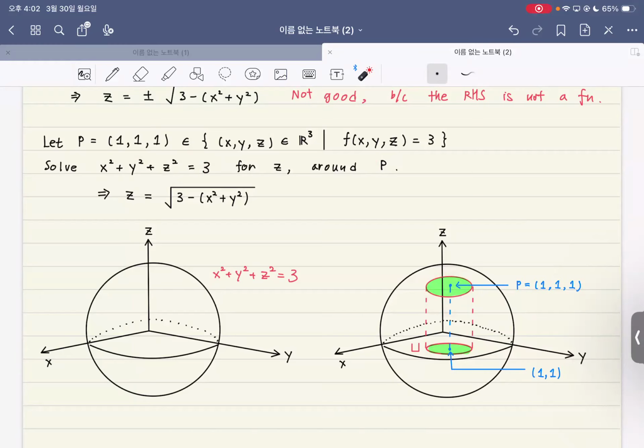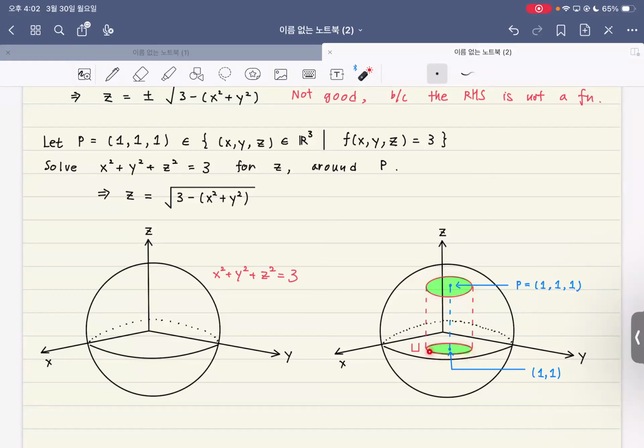This much of the graph. And this graph can be understood as the graph of some two-variable function, right? What is the domain of such a function? It must be the projection of this patch of the graph onto the x-y plane, right?